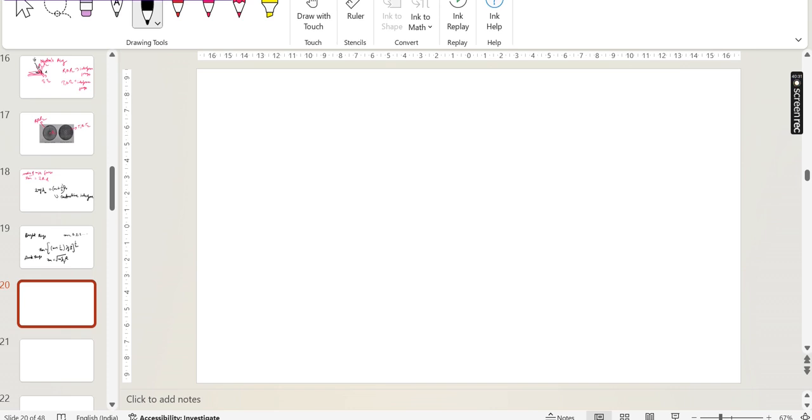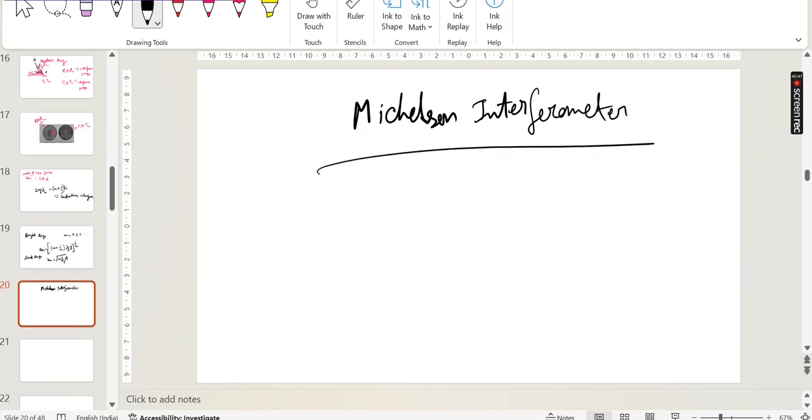Then there is the Michelson interferometer. Basically there is a source and a beam splitter. One beam goes this way and one beam goes that way, and then they combine and go together.